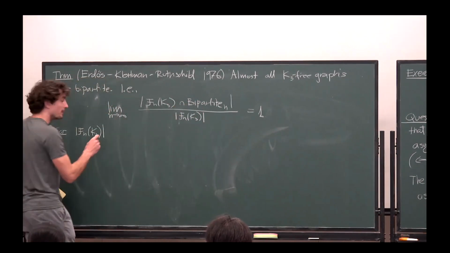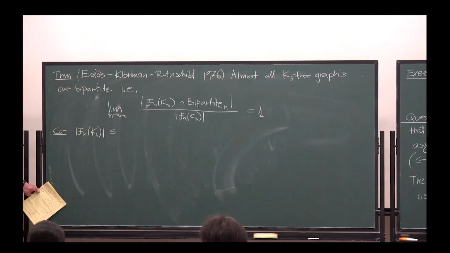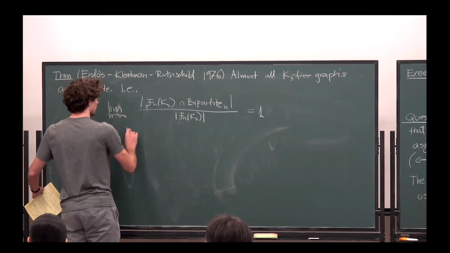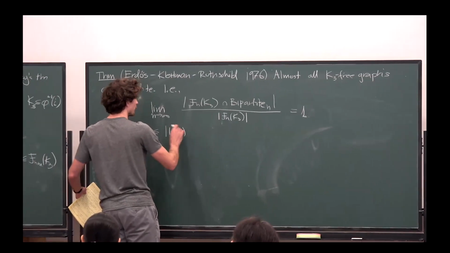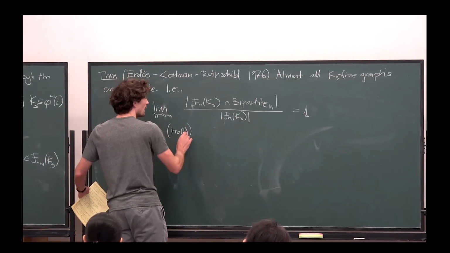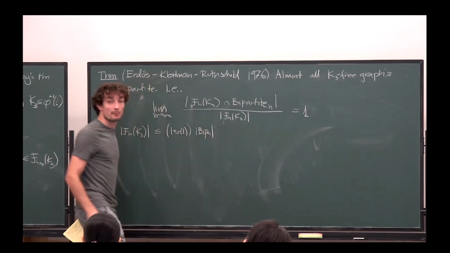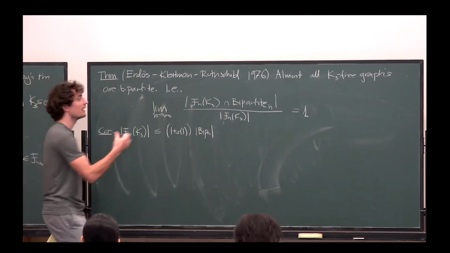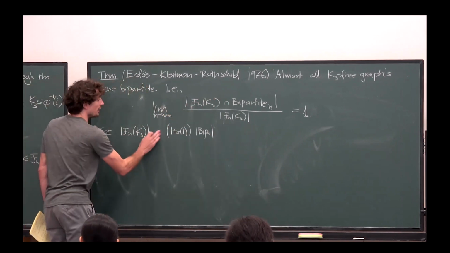How do you count bipartite graphs? Well, you can give an easy upper bound. The theorem says that the number of triangle-free graphs is actually the same as the number of bipartite graphs, because every bipartite graph is triangle-free, and most triangle-free graphs are bipartite. So here we have actually an equality.